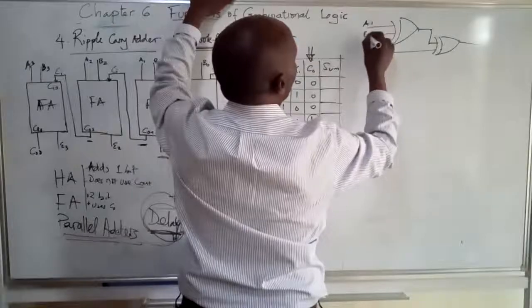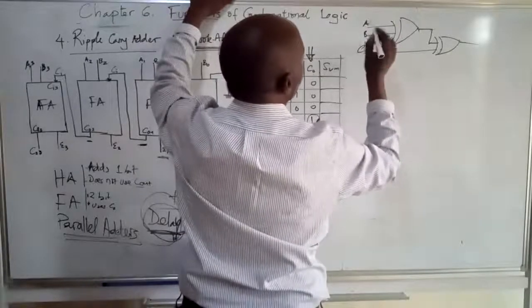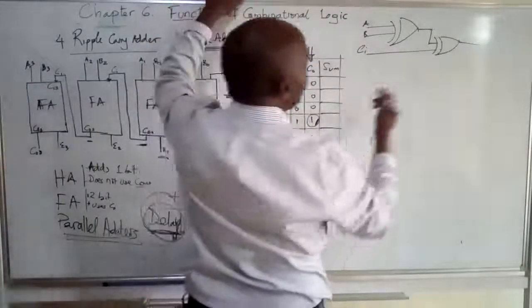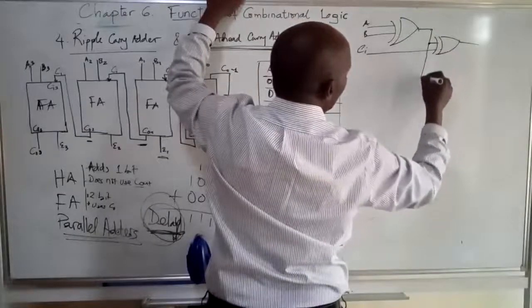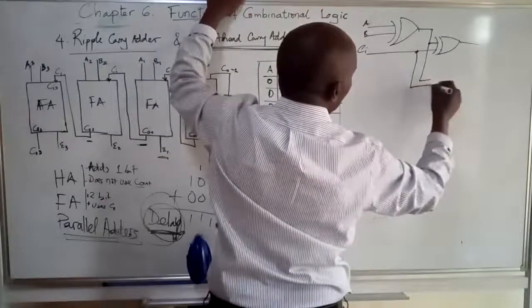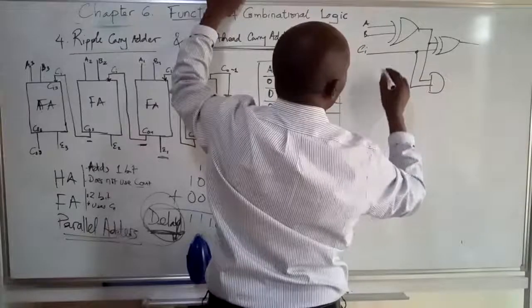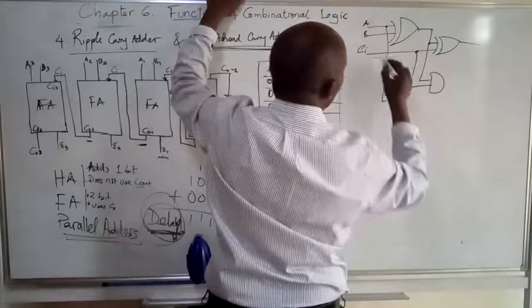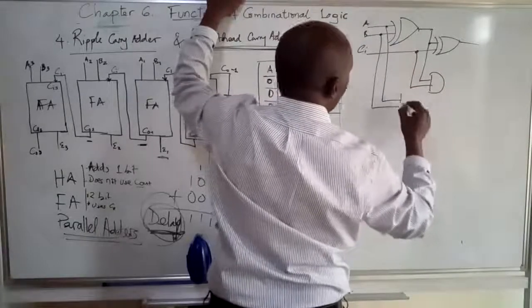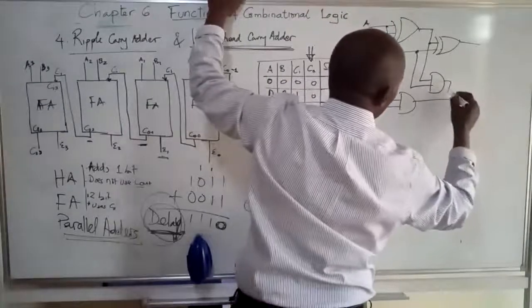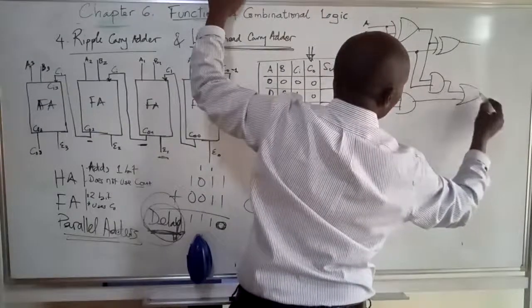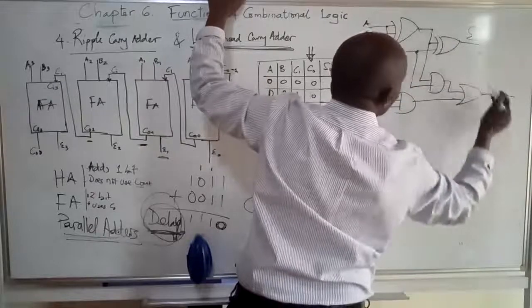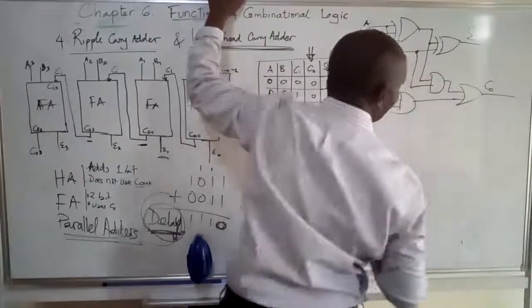A, B, C in. Good. Now we have seen that OR gate, and this is the summation, this is the carry out.